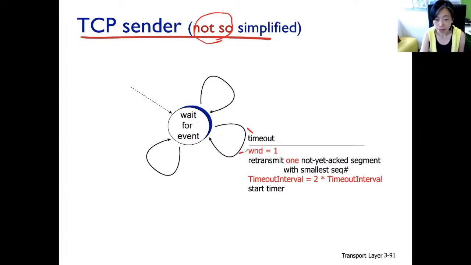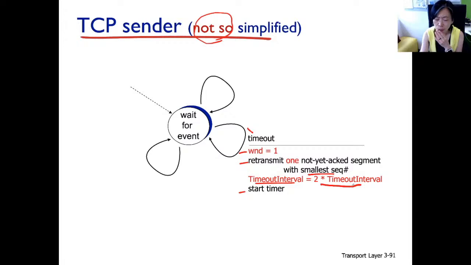So in that, step number 1, the window size is dropped all the way to 1. As a result, we are only allowed to transmit one segment, the smaller sequence number segment. And then we're supposed to start the timer, but the timeout interval is set this way: 2 times the current timeout interval value.